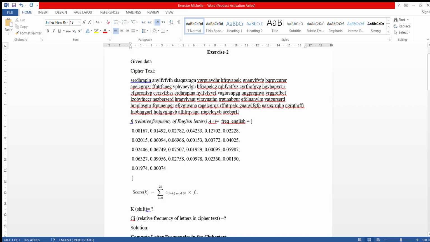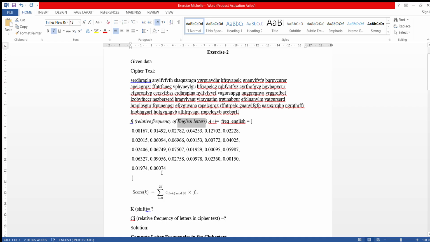So this is Exercise 2 in your first sheet. We are given a ciphertext, and we are also given Fi. Fi means the relative frequency of English letters, that is, how many times each letter appears in English.